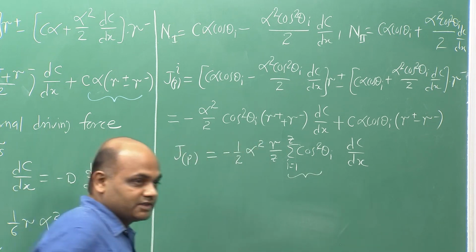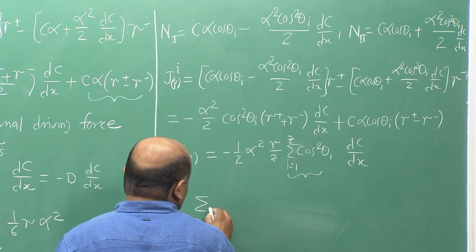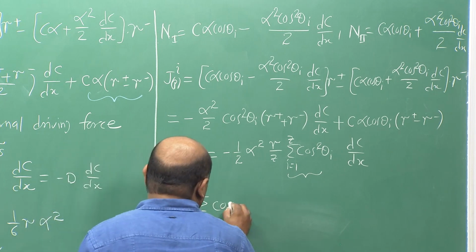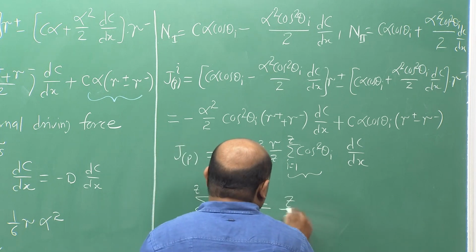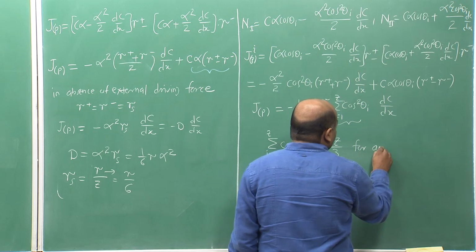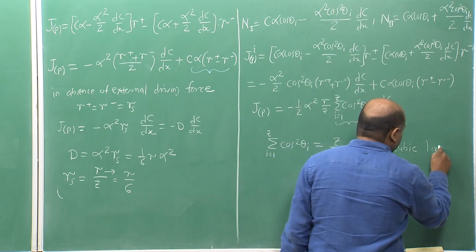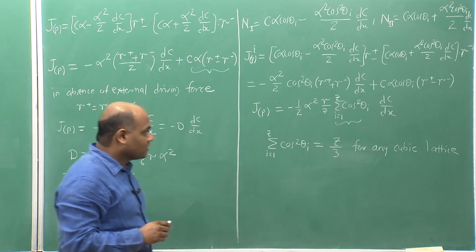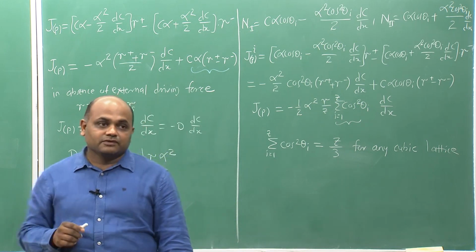And we need to evaluate this summation of cos square theta I over all possible jumps 1 to z, and you will find that if we do that for BCC or even FCC, this will be z by 3 for any cubic lattice. This we will solve as an exercise in the next lecture, showing that sigma cos square theta I is equal to z by 3.